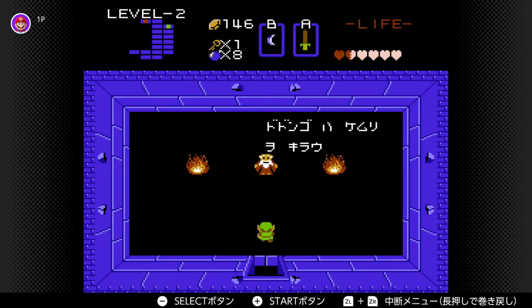Kirai means disliked, hated, and it's an adjective. So again, at the end of a sentence you add the copula da, for example, in the plain speech like this one, desu in the polite one.